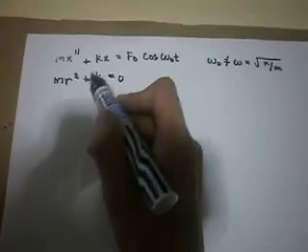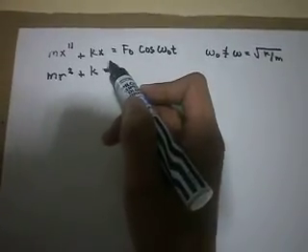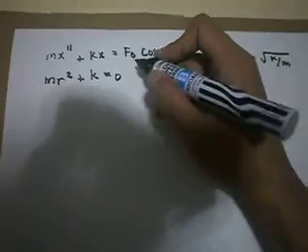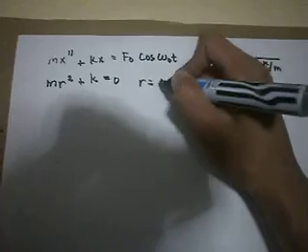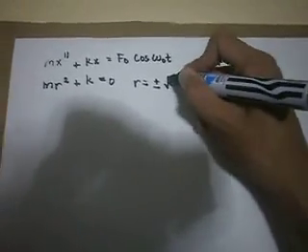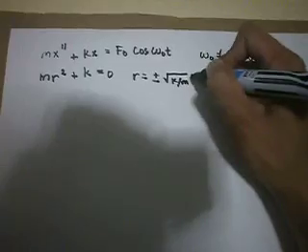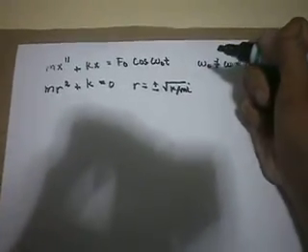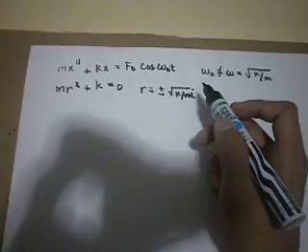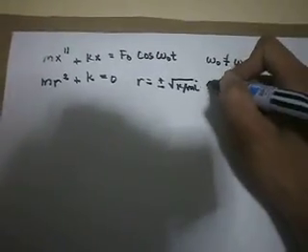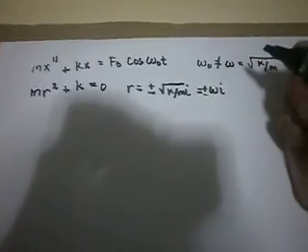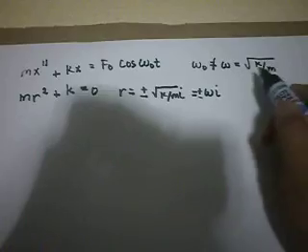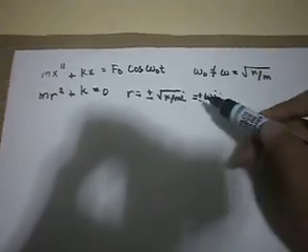If we solve this, we get the roots r equal to plus and minus the square root of k over m times i, which is equal to plus and minus omega i, since our omega is equal to the square root of k over m and we substituted it here.